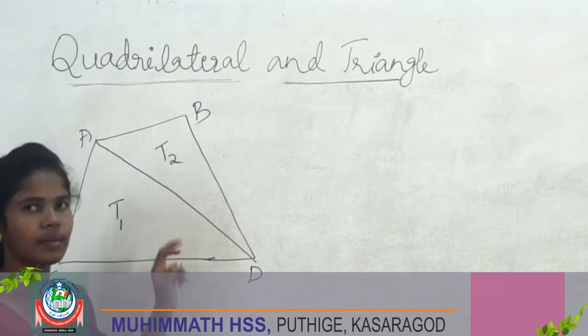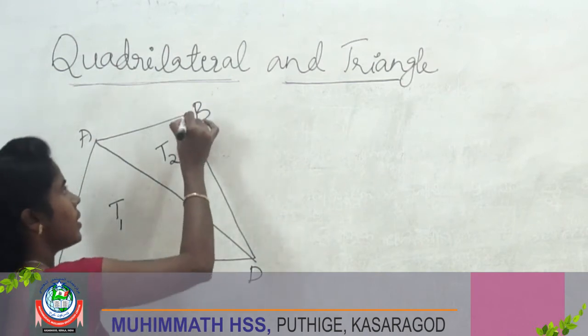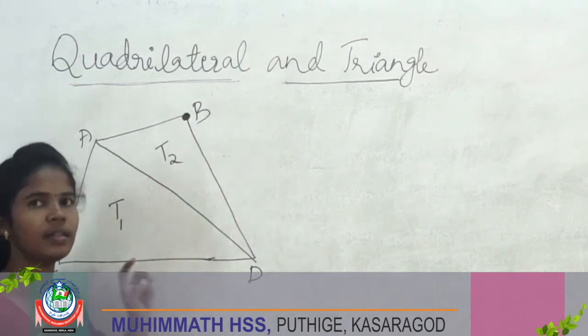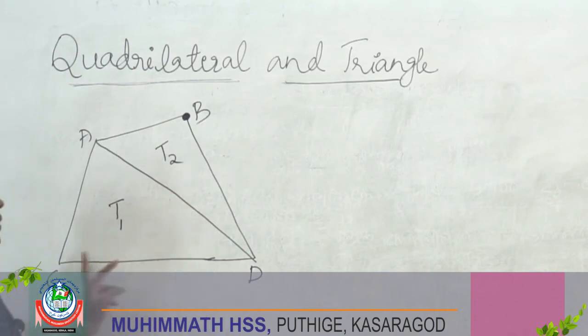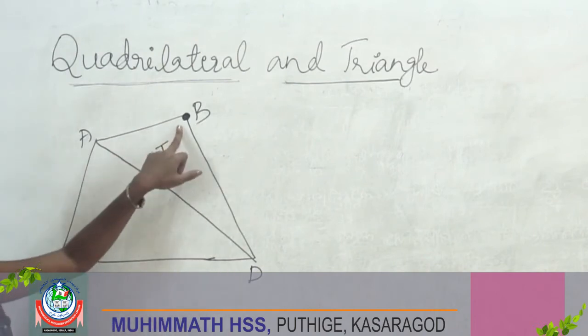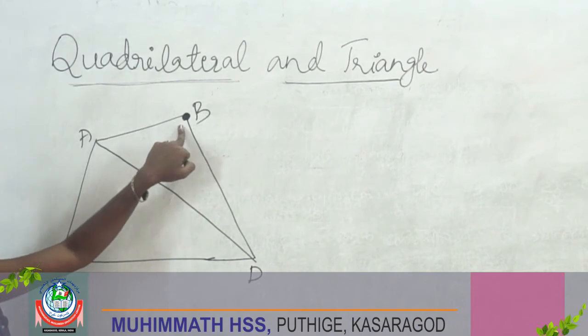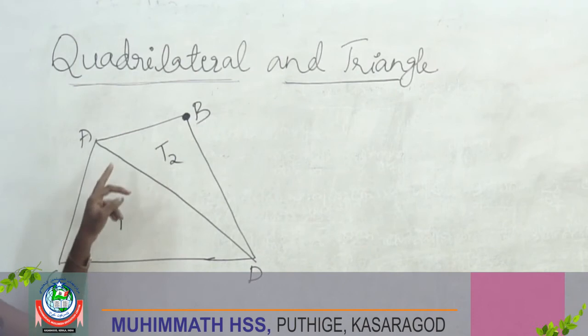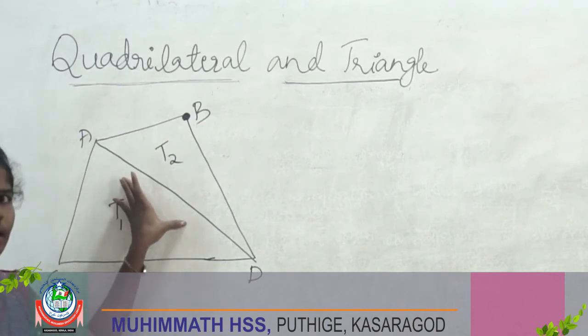Now the third step is draw a line through the fourth vertex of this quadrilateral, which is the vertex B, parallel to the diagonal.